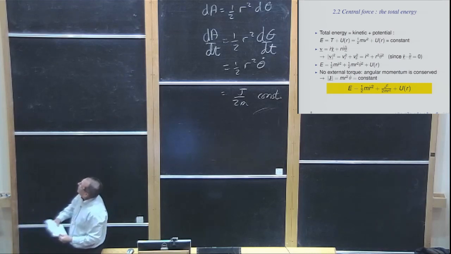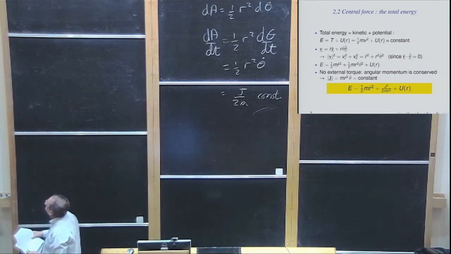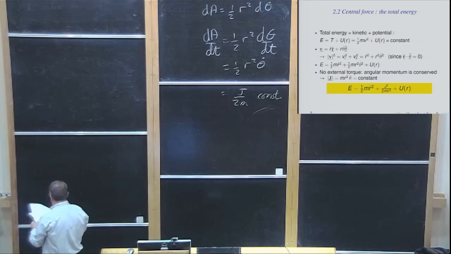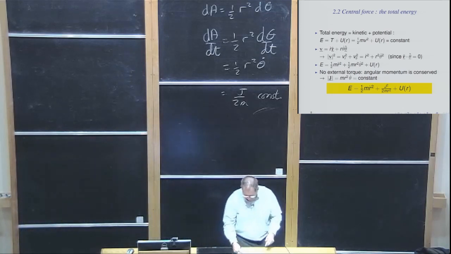So you see this is a piece of magic where we have taken an expression which was dependent on two coordinates, r and theta, and r dot and theta dot, and we've expressed that in terms of something which just depends on r and its derivative. So we have reduced the problem essentially to a one-dimensional one.